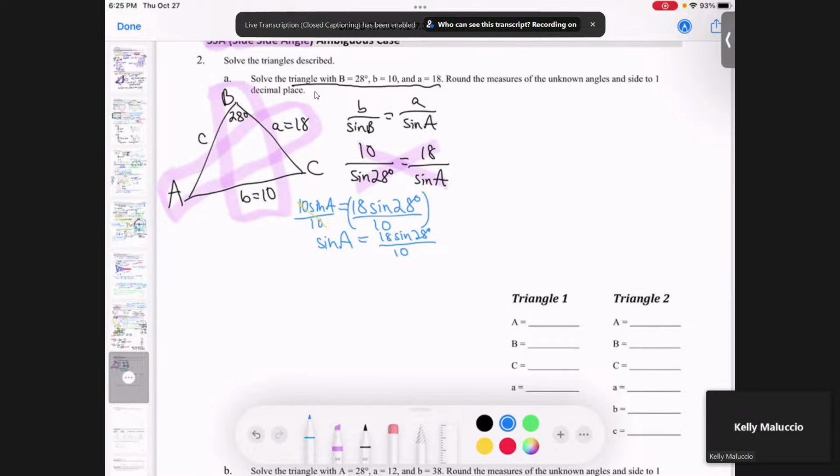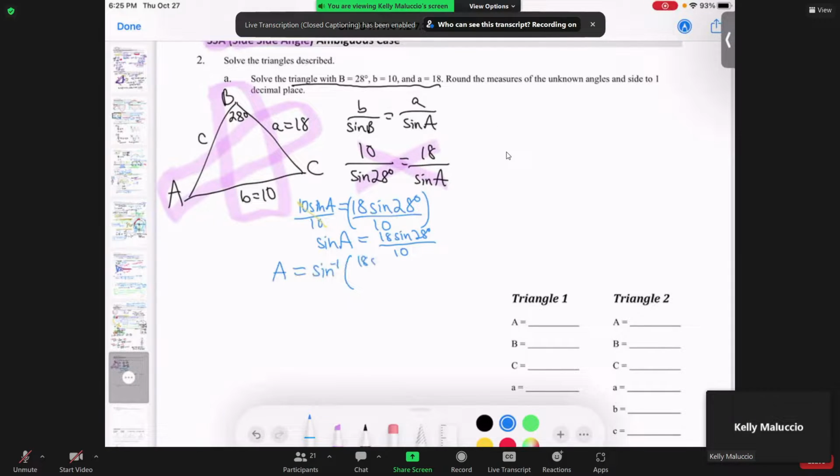Because if this was like 100 something, it might be doing something funky. For now, I think we don't have to worry about this, but sometimes the inverse function can be a little bit strange. So for this, we're going to say A is then inverse sine of 18 sine 28 degrees over 10.